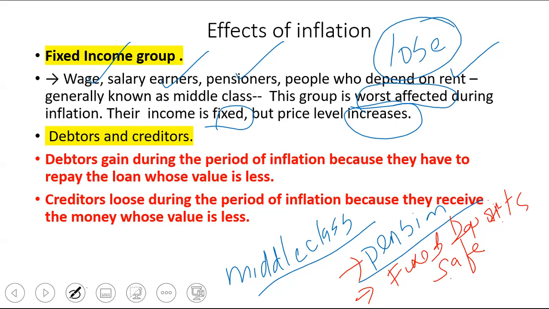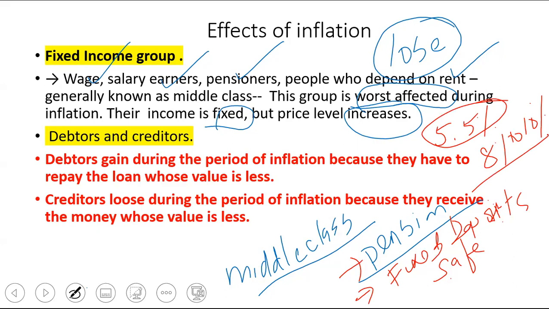Why? Maximum fixed interest on fixed deposit, what you can get is today 5.5%. Maximum income from the fixed or the rate of interest on fixed deposit is 5.5. 5 साल पहले यही फिक्स्ड डिपॉजिट 8 to 10% return देता था.